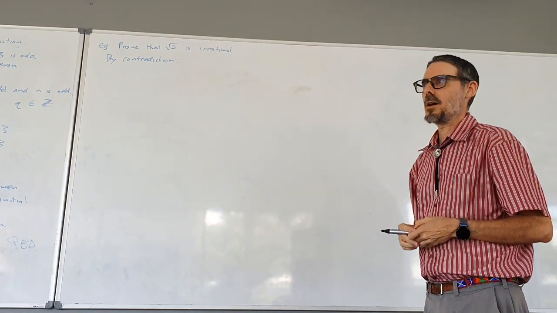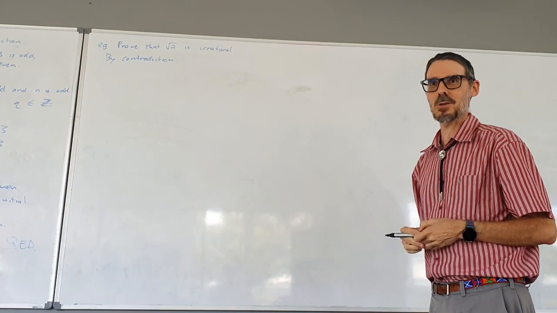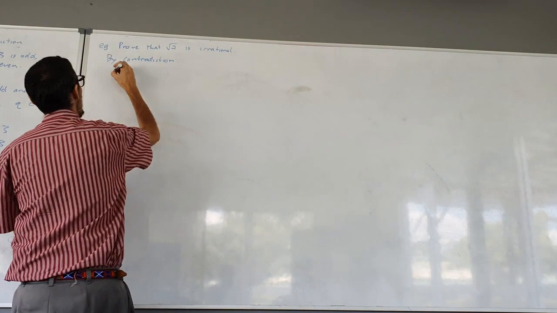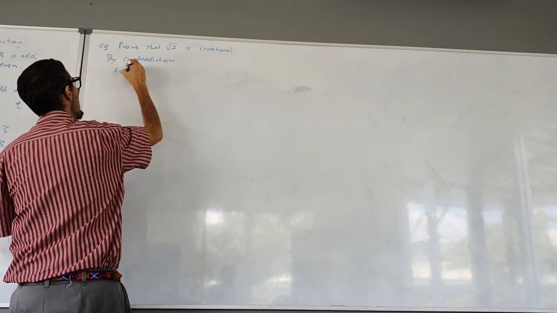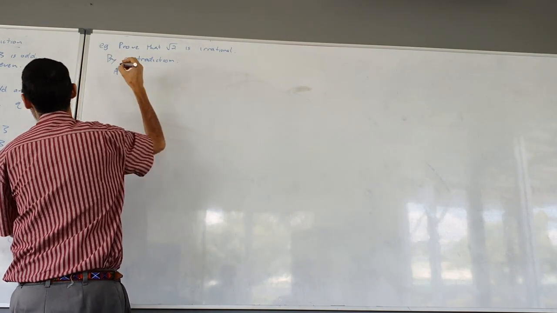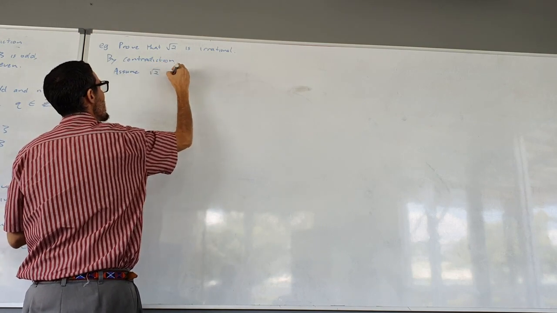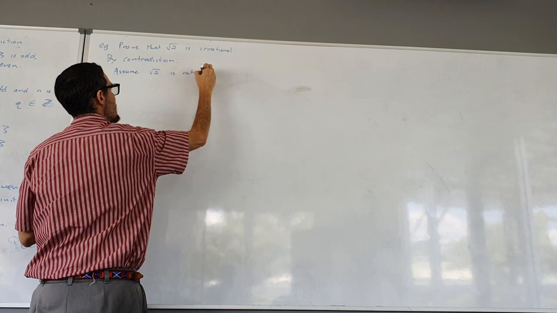What can I contradict? Oh, I'm going to assume that the square root of 2 is rational. You can write suppose or assume, kind of the same thing. Assume square root of 2 is rational.